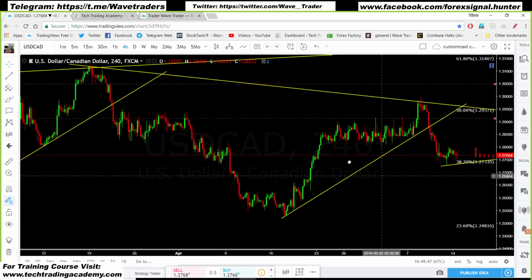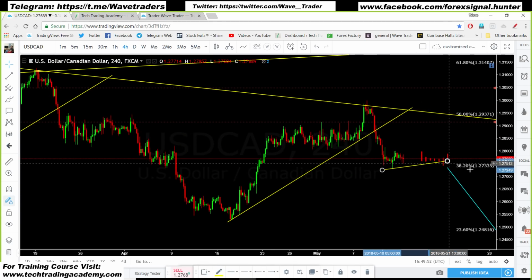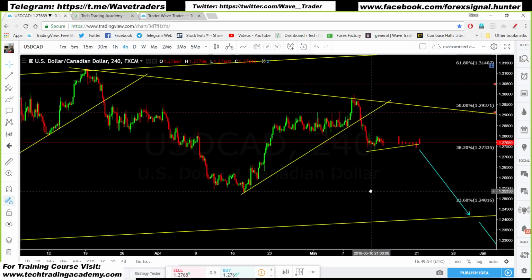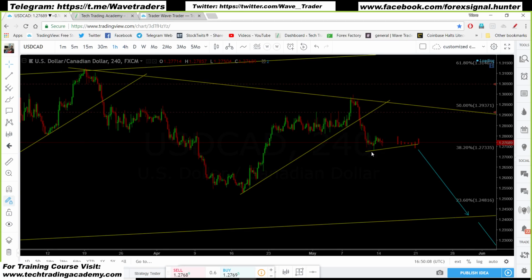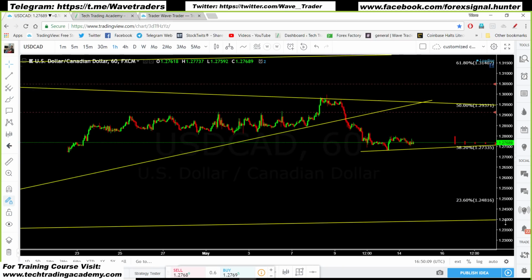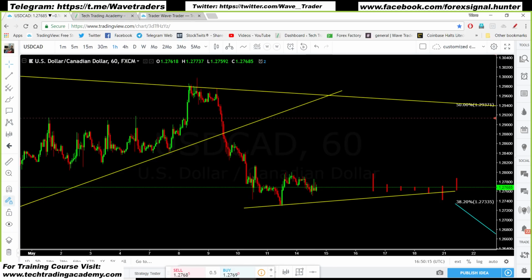We are just looking for this correction to finish, and we're gonna look for more downside. This correction: 1, 2, another wave for a third wave correction. That trade. If not sure how to get into the market, where and when to get into the market, make sure to learn before trading on a live account.